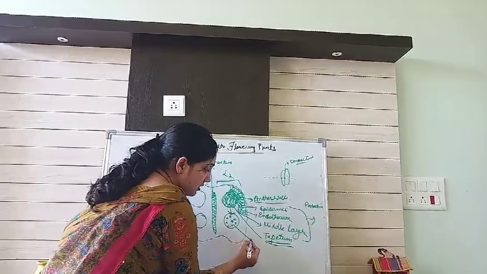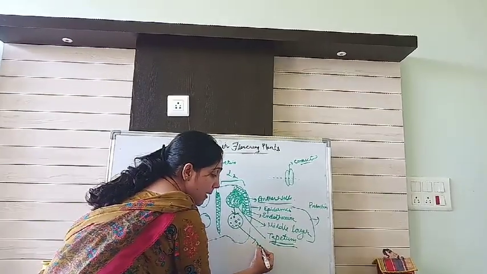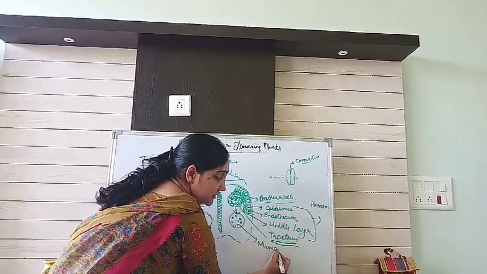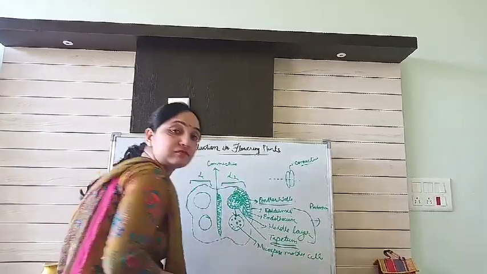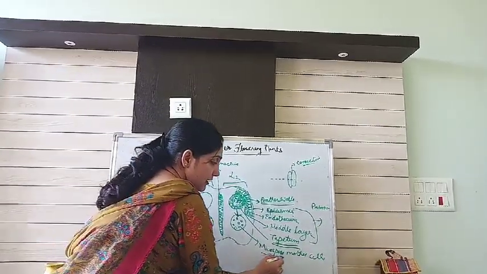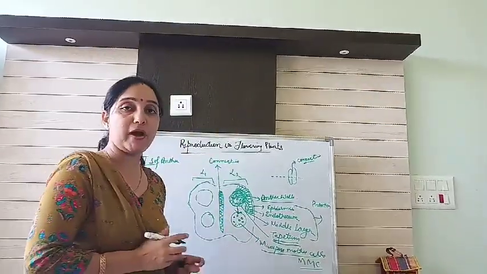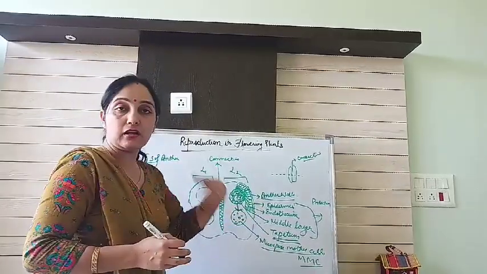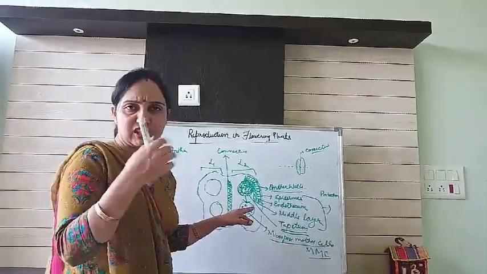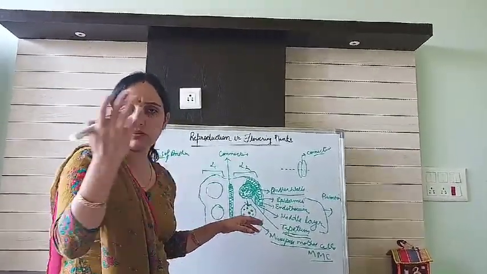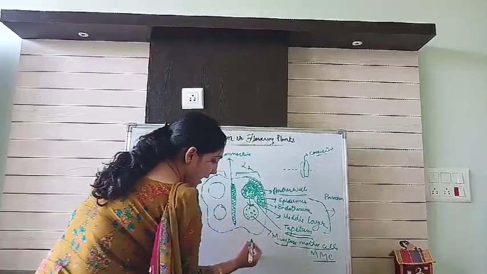These cells in the microsporangium are called microspore mother cells, MMC. They are going to give us microspores. Some of these cells degenerate and some are left which go for the further process. Now what does the MMC do?